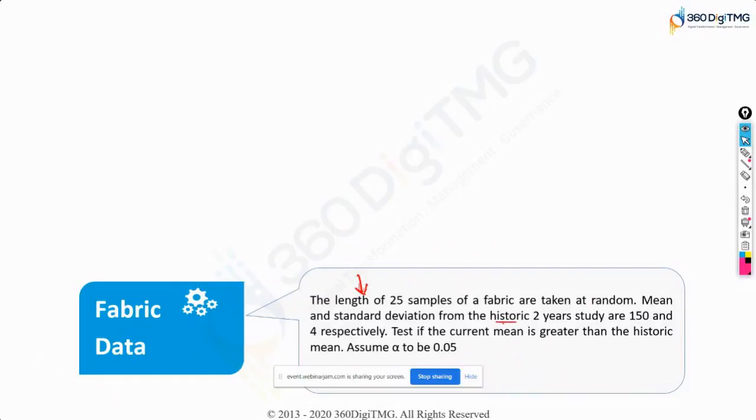Now, historic 2-year study, that means all these years from 2 years back, what we have seen is that the mean is 150 meters, and there is a small variation to this 150, which is given as 4 meters. Standard deviation is 4 meters. So the machine is cutting on an average at 150 meters. But exactly it may not cut right every time. So that variation on an average is 4 meters. These are the standards which are given.